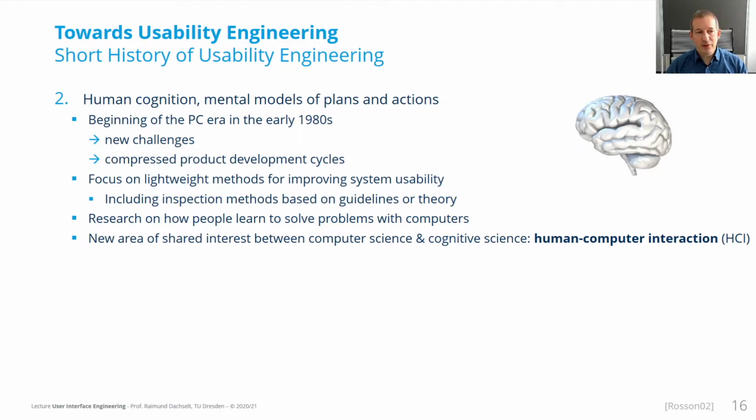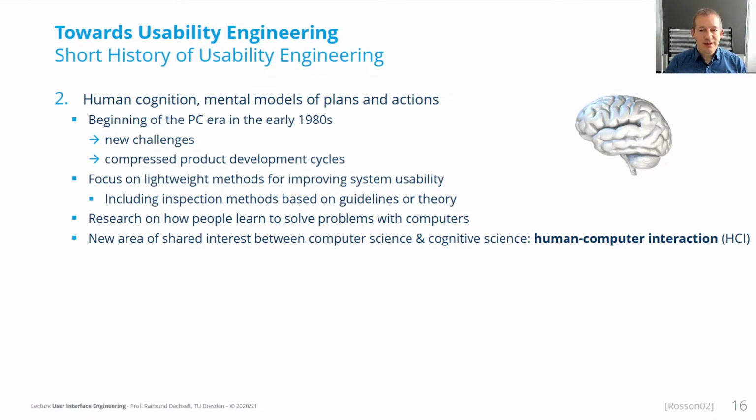You remember some of the models we talked about were developed in the 1980s. And of course, we talked about them earlier, in the previous lectures. So we had compressed product development cycles, and therefore there was a need to improve the system's usability in an easy way. And things like inspection methods were developed during that time, which were based on guidelines or theory.